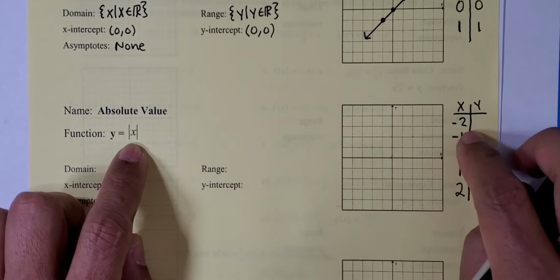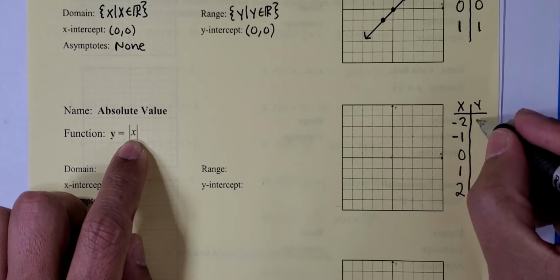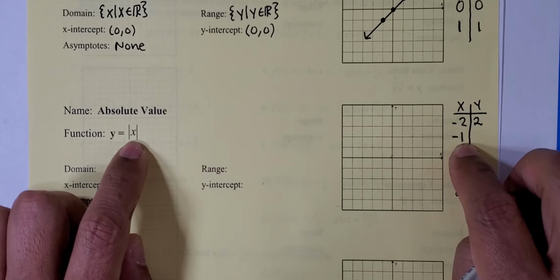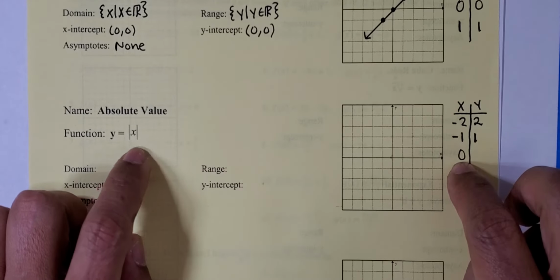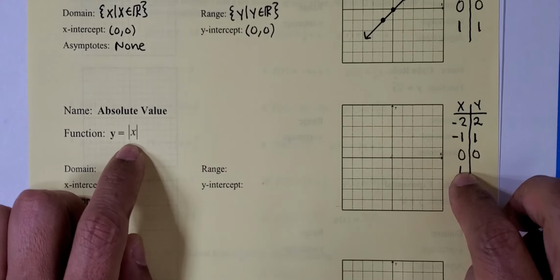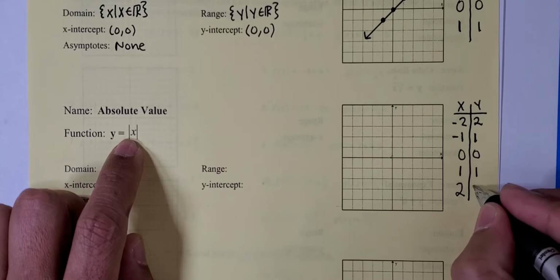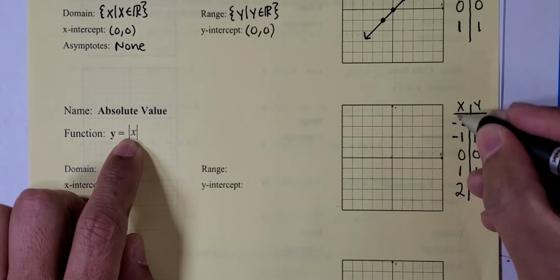The absolute value of -2, so when x is -2, what's the absolute value of 2? And of course the answer is +2. What's the absolute value of -1? The absolute value of -1 is +1. What is the absolute value of 0? This is also 0. And the absolute value of 1 is also 1. The absolute value of 2 is 2. So here are the x values and the y values that go with these x values.